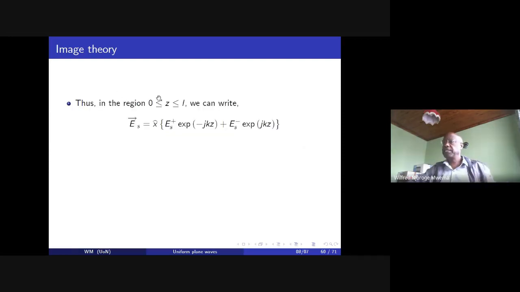And therefore, in the region between the ground plane and the current sheet, we can write for the electric field a forward moving wave component plus a backward moving wave component. That's why we have exponent of jkz and exponent of minus jkz in that form. And both of them are in the x direction, so to speak.